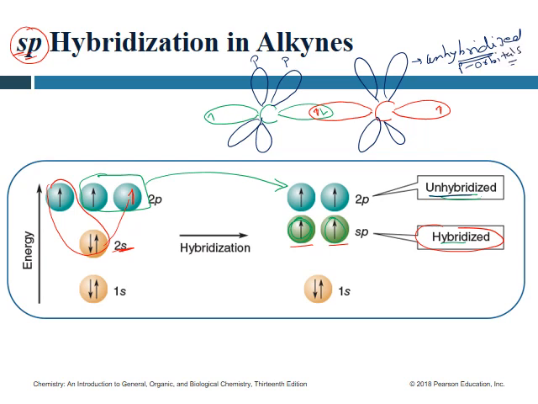What's gonna form once the hybridized orbitals share the electron between carbon and carbon? They're gonna make a sigma bond. Like I already told you, a sigma bond is formed by the overlapping of hybrid orbitals, whereas the unhybridized p orbitals are gonna overlap.